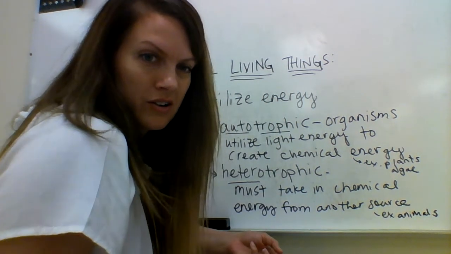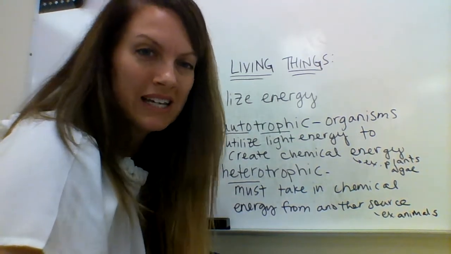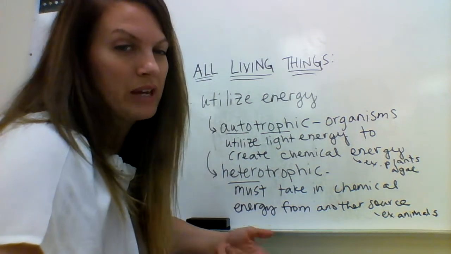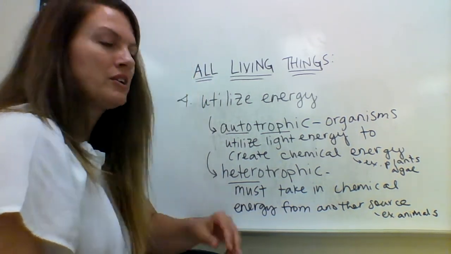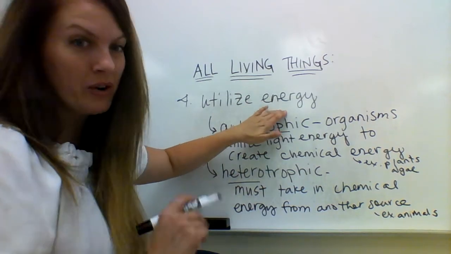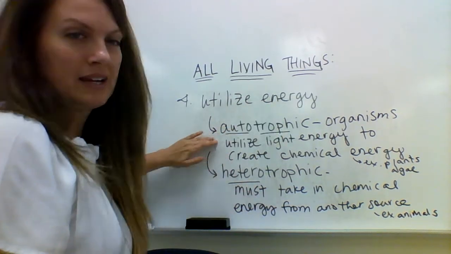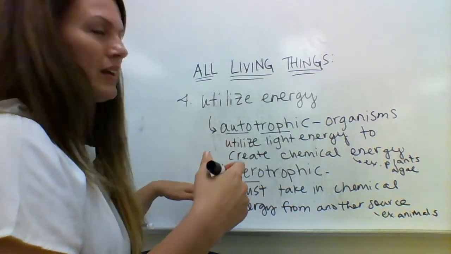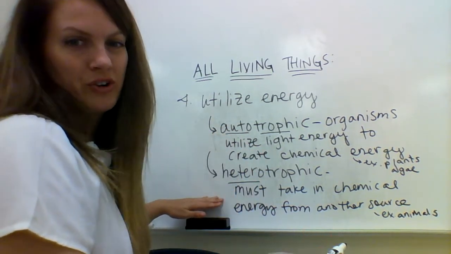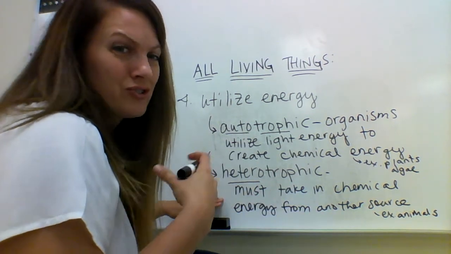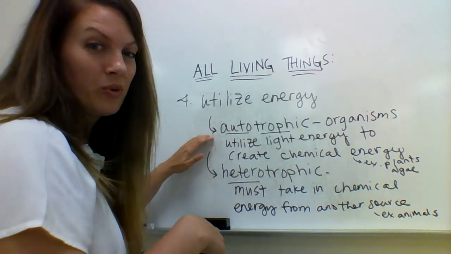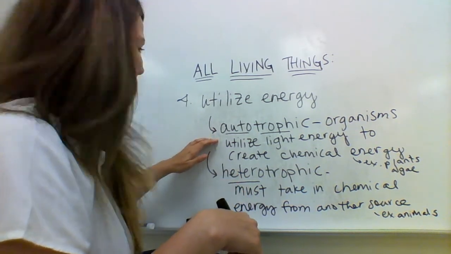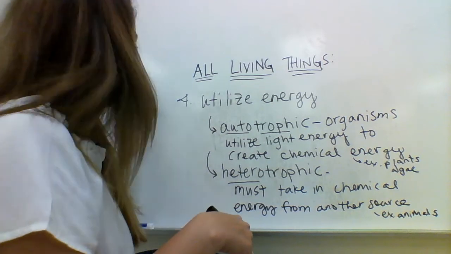Breakfast, lunch, and dinner, humans and other animals must eat regularly, although at different intervals depending on the animal, in order to survive. We can't make our own food. So all living things utilize energy, but they don't get it the same way. Plants can use the sunlight to make their own sugar. Animals and other heterotrophs must actually eat the sugar, the food that other organisms have made in order to survive. That's really important. That's number 4.